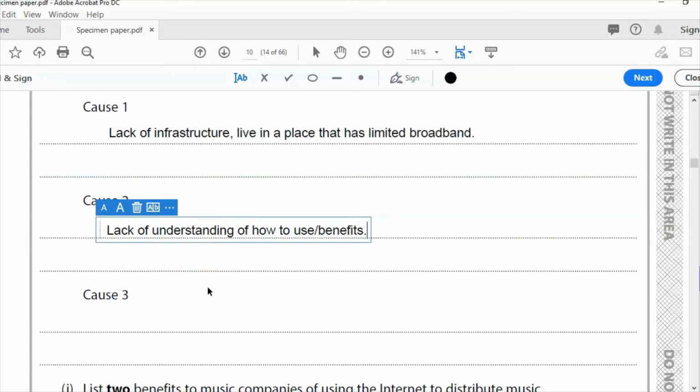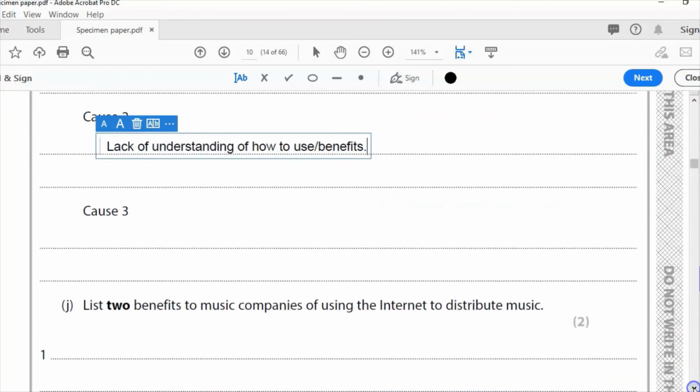In the UK, you can save at least £500 a year by shopping around using the internet on your bills, on things that you buy. So it could be lack of understanding how to use it and what exactly the benefits are going to be. It causes some people not to use it.